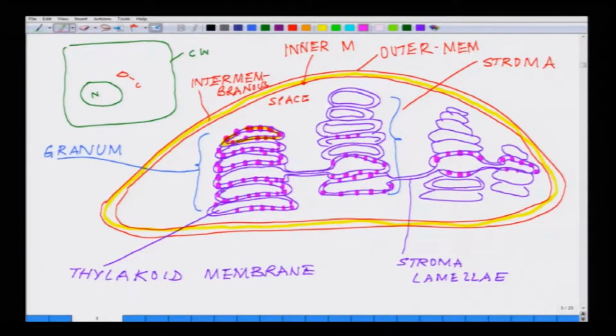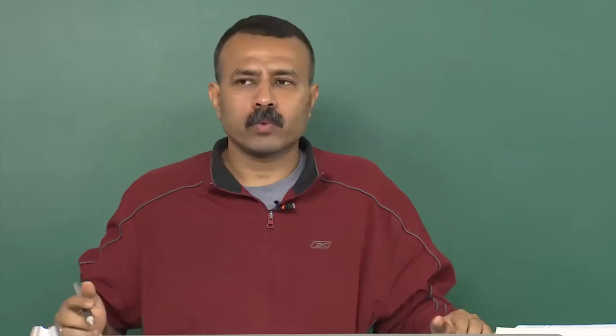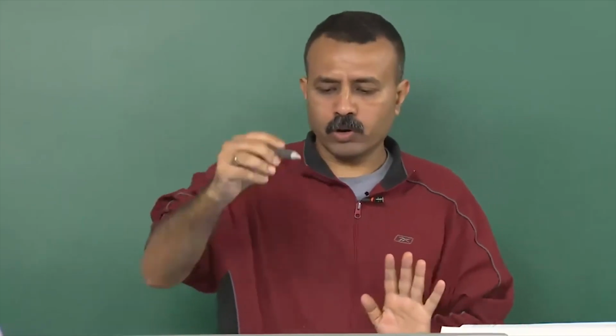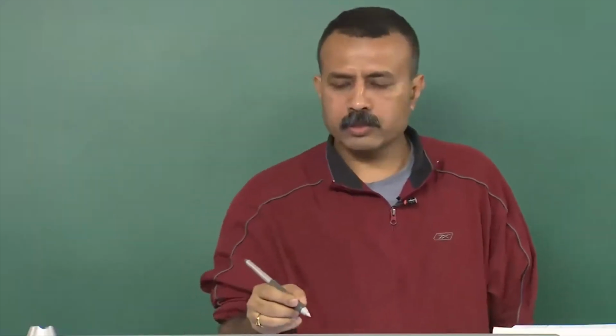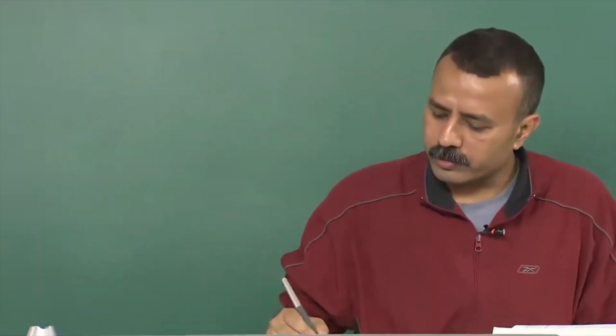For a layman's understanding, overall what is happening is this. I'll use black. Light falls out here like this, and through a series of oxidation-reduction reactions, the electron flows along this.